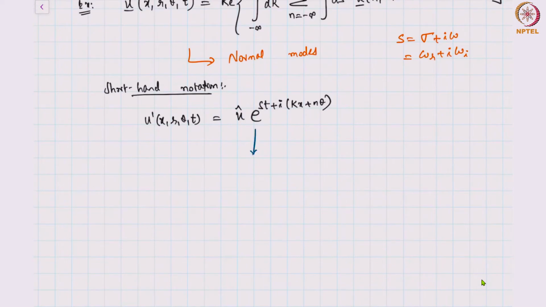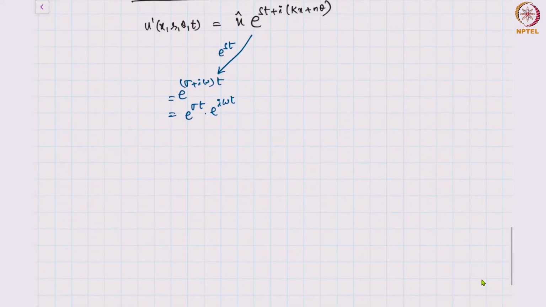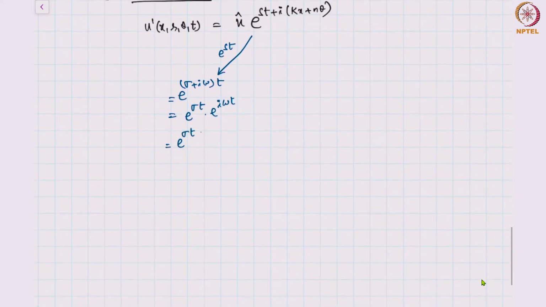The e power st term essentially becomes e power sigma plus i omega of t, which is e power sigma t times e power i omega t. So I have e power sigma t, and I have cos omega t plus i sine omega t. You can clearly see this part is always bounded. It's between -1 and +1.